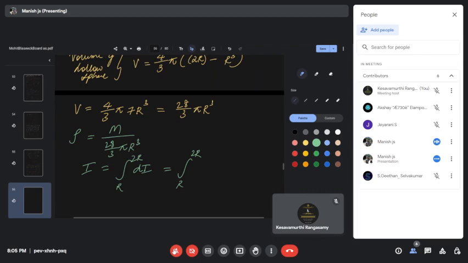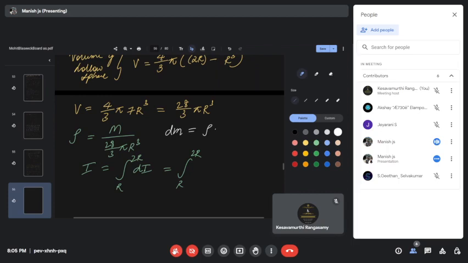So what is dI? The mass of that small shell would be dm. The total mass is capital M, but when you take a small slice, what is the mass? That would be dm. So the smaller mass is nothing but density times that corresponding smaller volume.